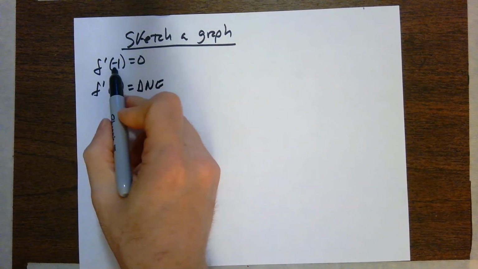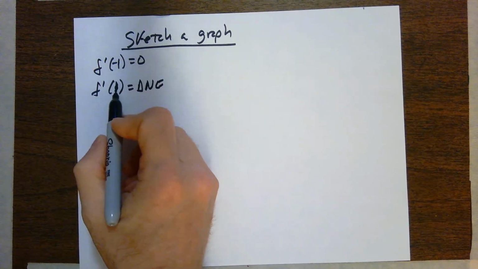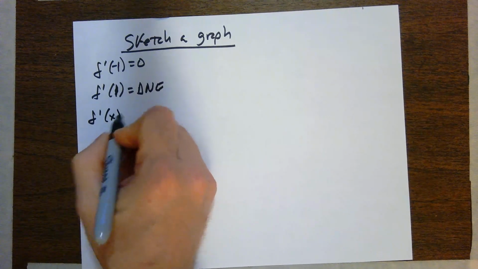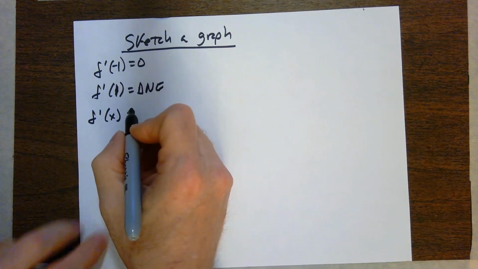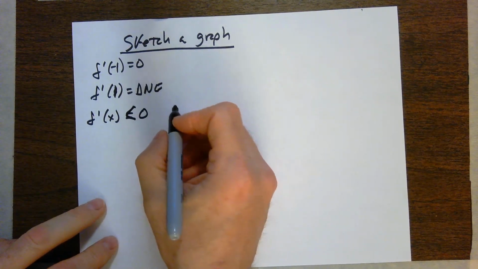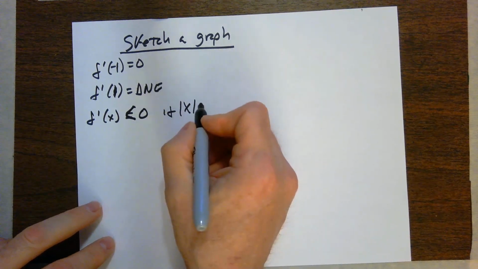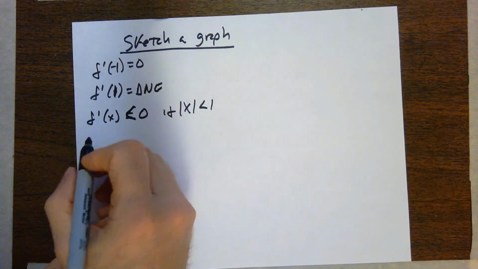The first derivative of the function is less than 0 if the absolute value of x is less than 1, so from -1 to +1.